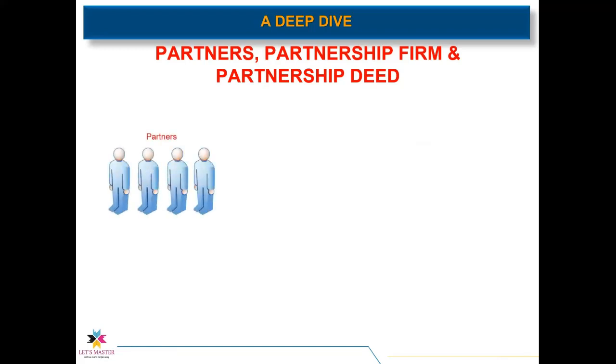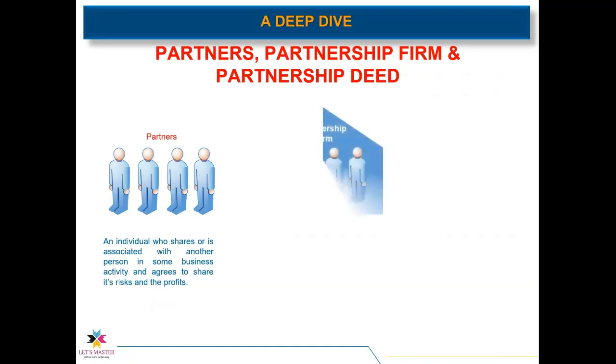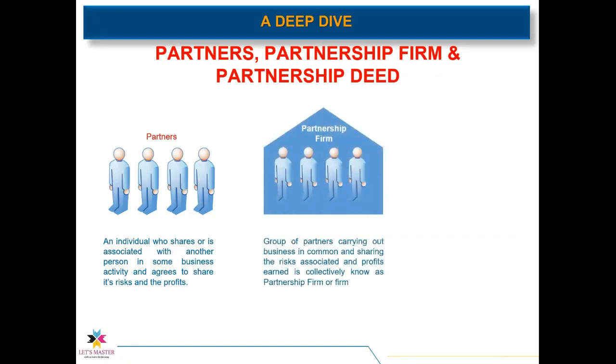Now, partners: an individual who shares or is associated with another person in some business activity and agrees to share its risk and profits is known as partner. If we talk about partnership firm, the group of partners carrying out business in common and sharing the risk associated and profits earned is collectively known as partnership firm, or they are normally referred to as firm.